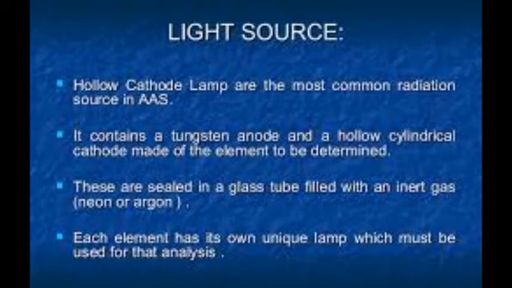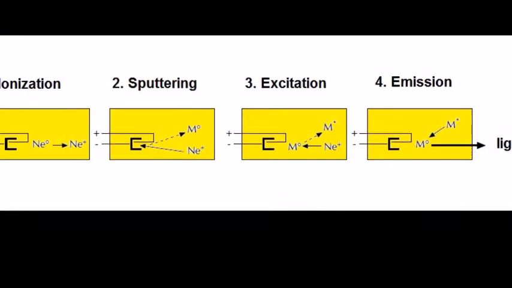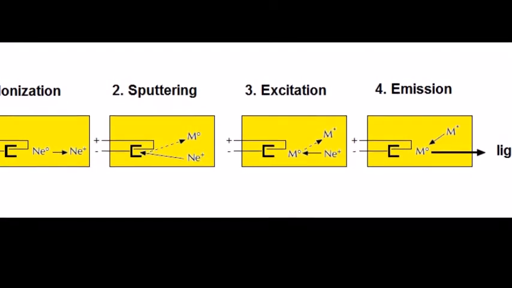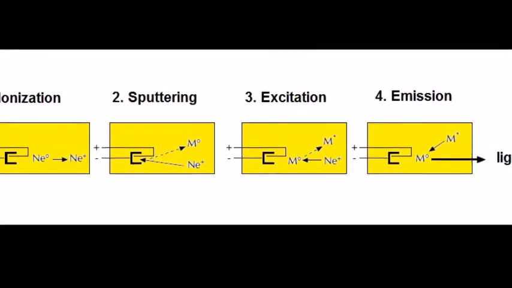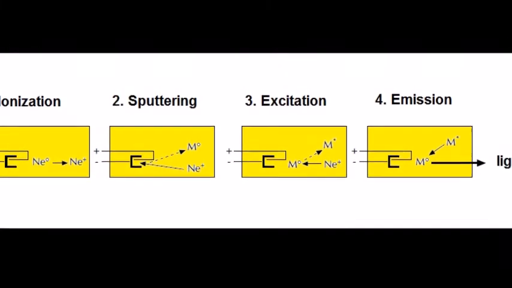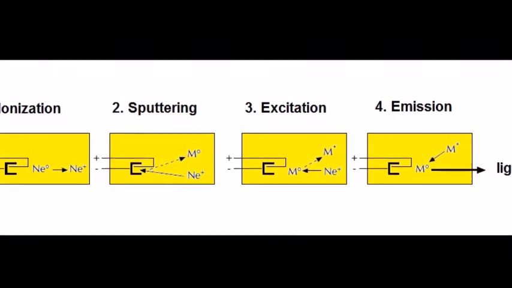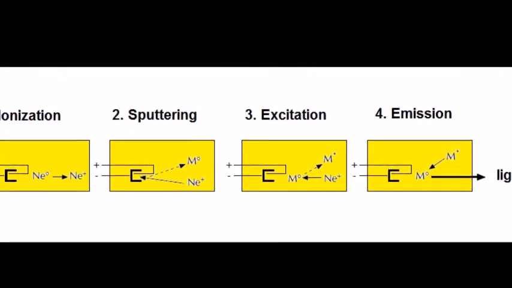The four processes are ionization, sputtering, excitation, and emission. In the first process, the inert gas present in the chamber is ionized, and it is further split or sputtered with an electric induction.